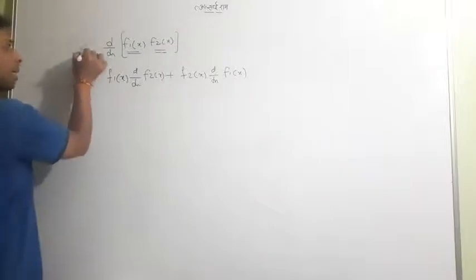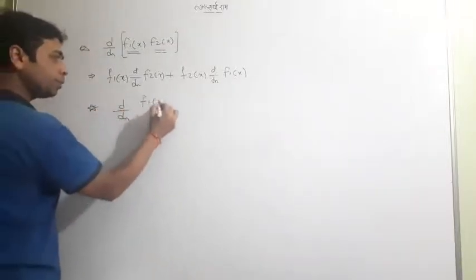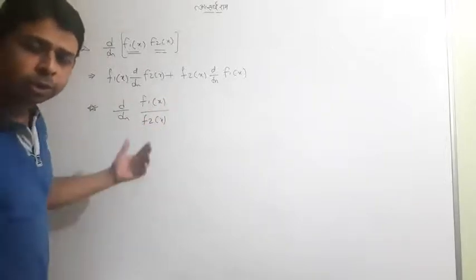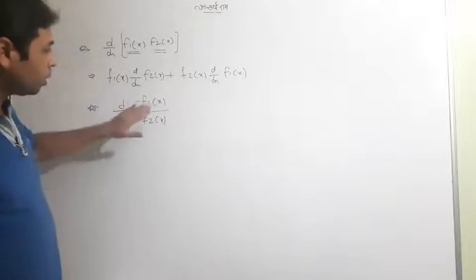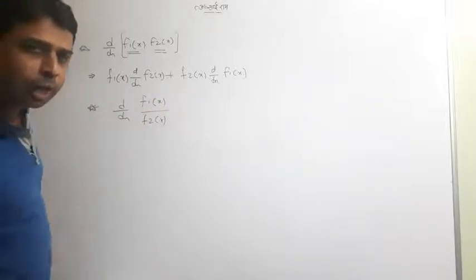Parallel to this, I want to discuss with you the differentiation of the division concept. You should know that because we have already studied it in class 11th. For function f1(x) upon function f2(x) in the denominator, how does it apply?